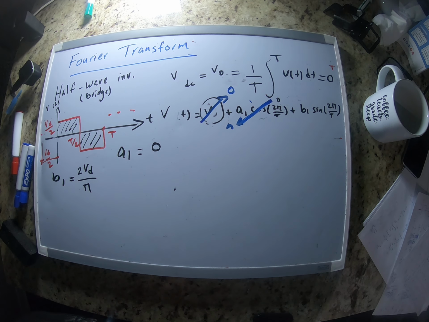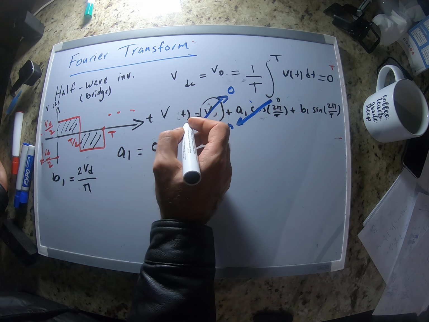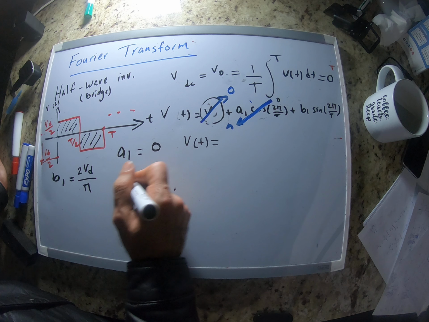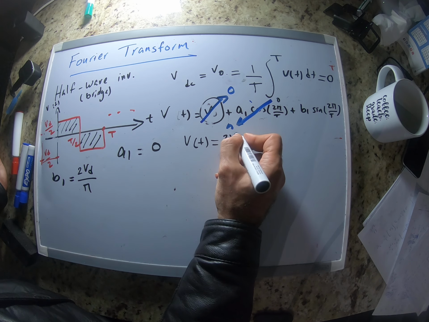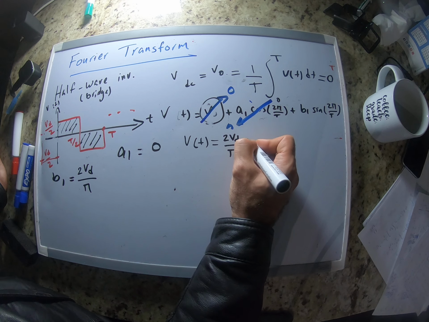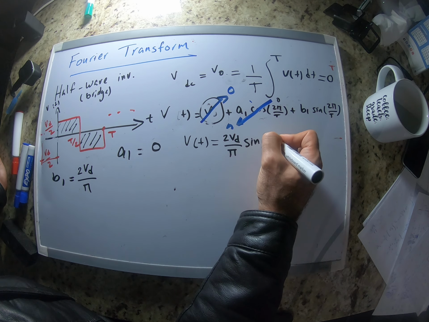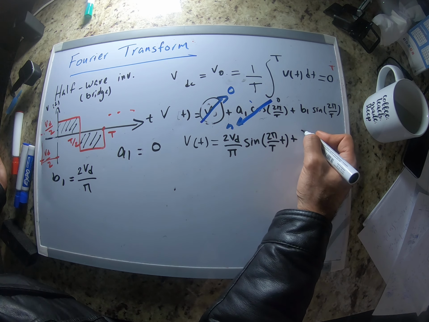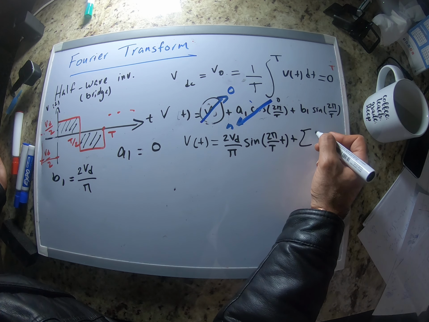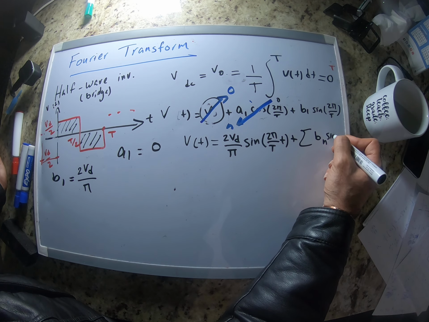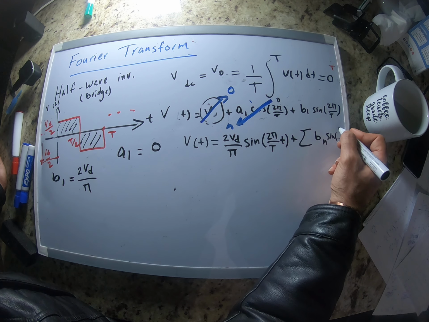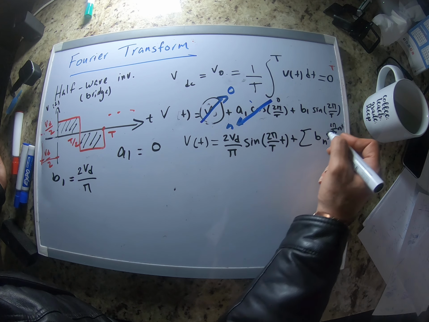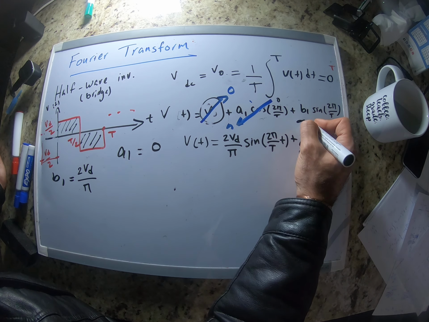Okay, so this basically tells us that this signal can be written as 2 Vd over pi sine of 2 pi over T plus summation of other bn's sine of 2 pi over T times nt, where n changes from 2 to infinity.